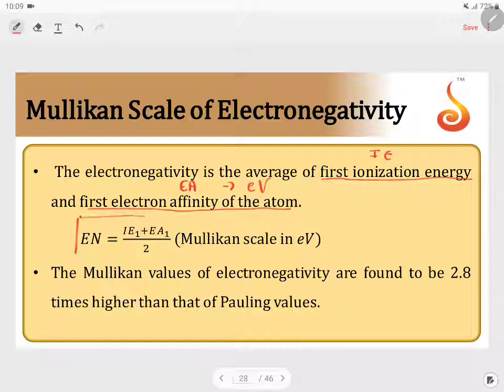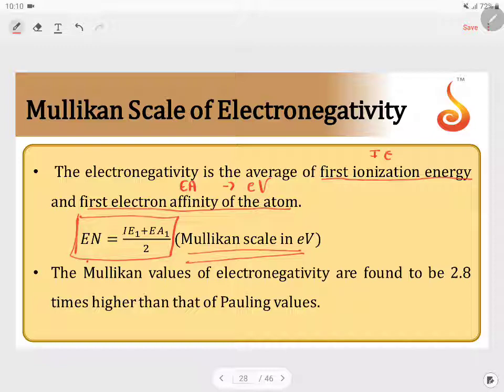Then it is found that electronegativity is the average of ionization energy and electron affinity. Therefore, electronegativity for a given element will be equal to its first ionization energy plus first electron affinity divided by 2. Whatever the resultant value you get will be in the Mulliken scale.